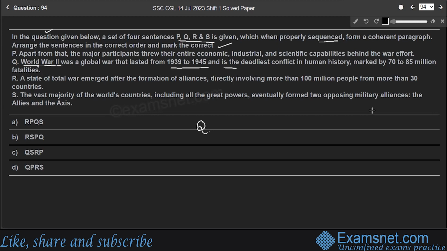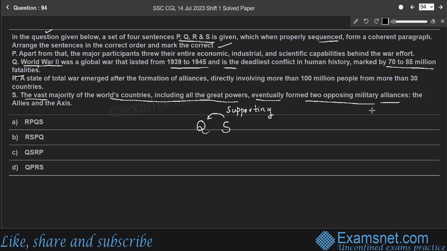It is the deadliest conflict in human history, marked by 70 to 85 million fatalities. So next it is followed by sentence S: the vast majority of the world's countries, including all the great powers, eventually formed two opposing military alliances, the Allies and the Axis.